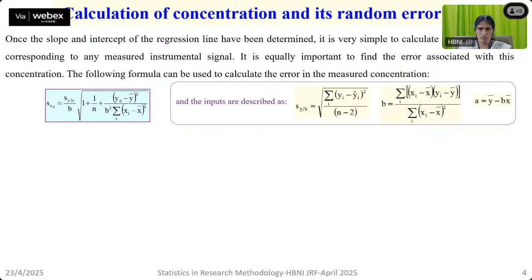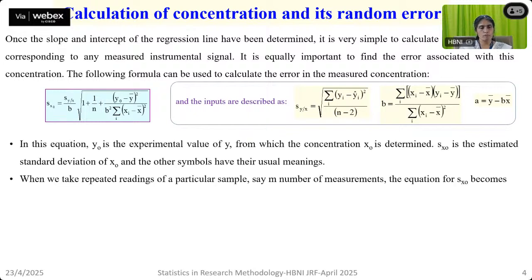Nowadays, we use computer software to do the entire calculation. You need to give only the input parameters, for example the measured signal Y0 value and the slope and intercept of the calibration. The computer also gives you the standard deviation as well as the confidence limits of the intercept and slope, which we can calculate once we know the degrees of freedom and level of significance.